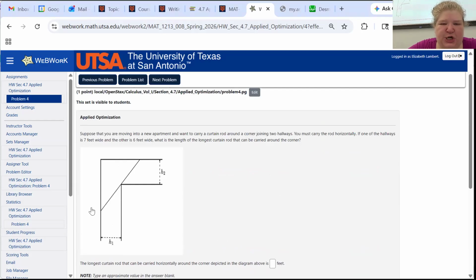So this is trying to get, they called it a curtain rod, but this is like the sofa pivot problem. So you want to carry a curtain rod around a corner joining two hallways. You have to carry the rod this way. One hallway is 7 feet wide, the other hallway is 6 feet wide. What is the length of the longest curtain rod that can be carried around the corner?